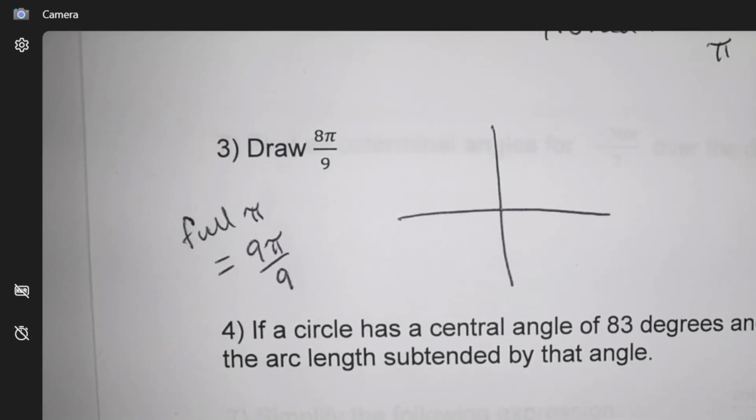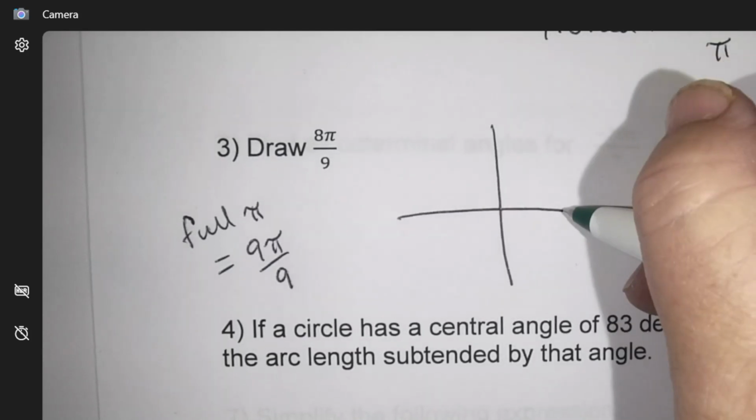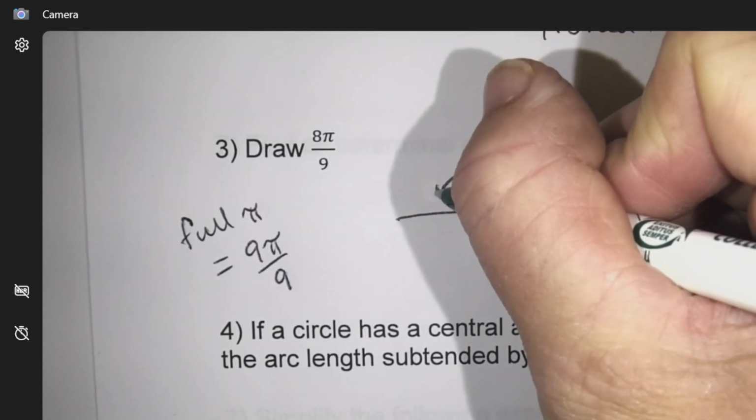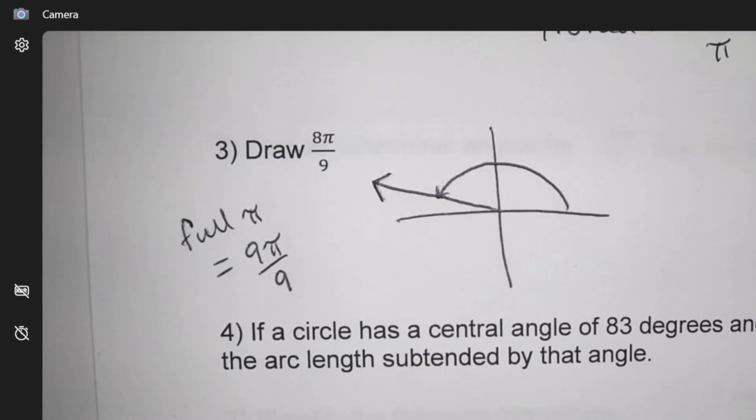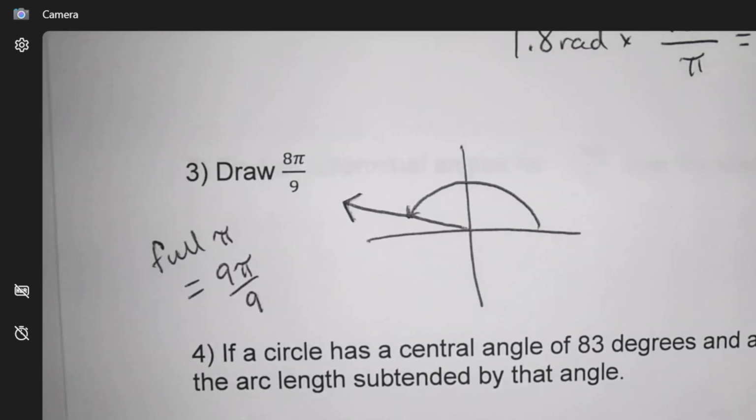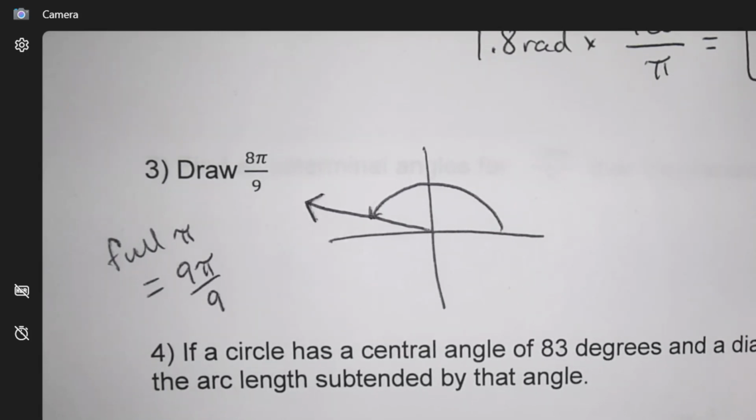So I'm not a full pi, right? I'm less than a full pi. So I would draw something like that. Okay, if you do this for me, then you lose a half a point.